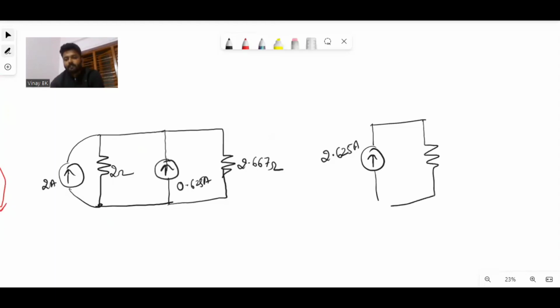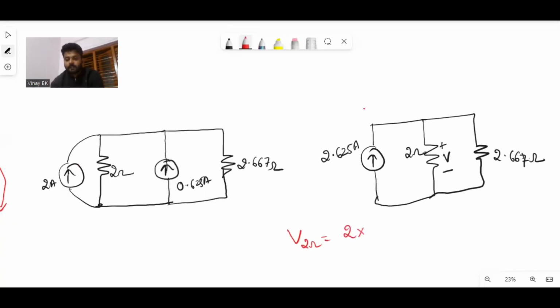Two branches of resistor, one is 2 ohm, the other one is 2.667 ohm. So they ask you to find the voltage across this 2 ohm resistor. The voltage across 2 ohm is given by 2 into the current flowing through this.